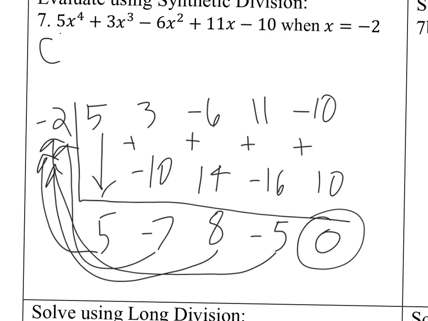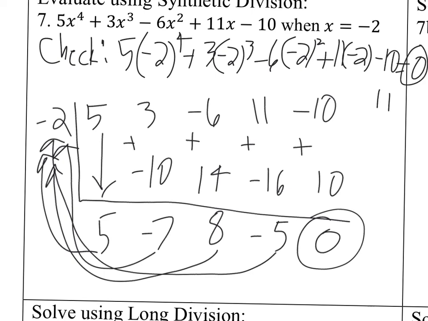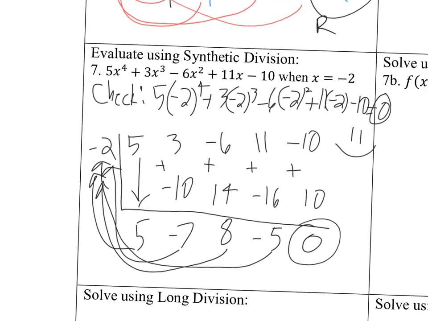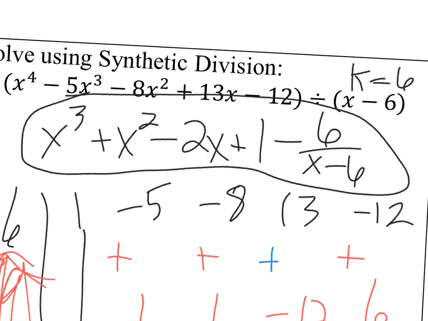You can always check by plugging in the number. 5 times negative 2 to the fourth plus 3 times negative 2 to the third minus 6 times negative 2 squared plus 11 times negative 2 minus 10. You would type that into the calculator, it'd tell you it's 0, and so you know you did it right. But hey, if I ask you to show work to evaluate, that's what you do. So yeah, it's much simpler to evaluate. Well, really, you're just skipping this final step of writing that answer.